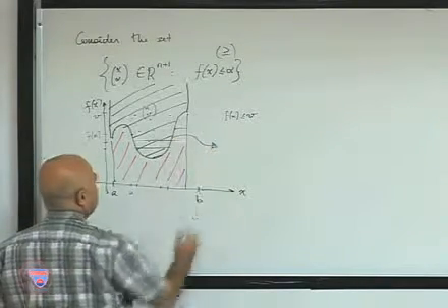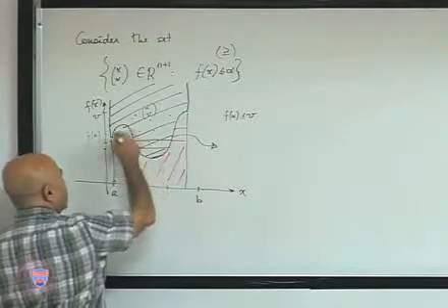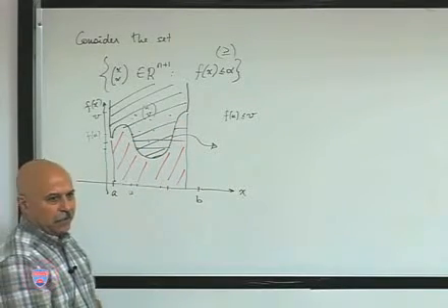What is the set of points that are on the graph of the function?